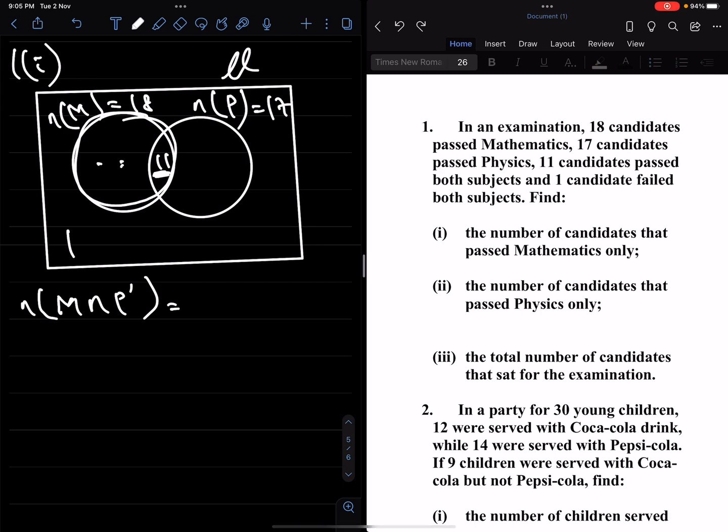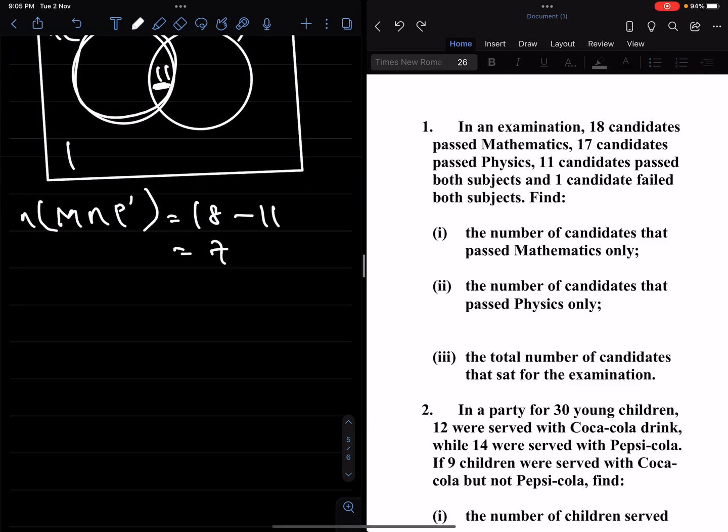That simply means this part is going to be 18 minus 11. So the number of elements in the set M intersection P complement is going to be 18 minus 11, and that's 7. So the number of candidates who pass mathematics only is 7. 7 candidates pass mathematics only.